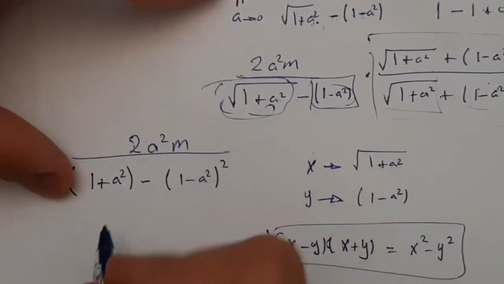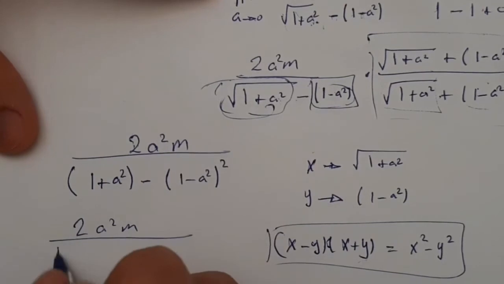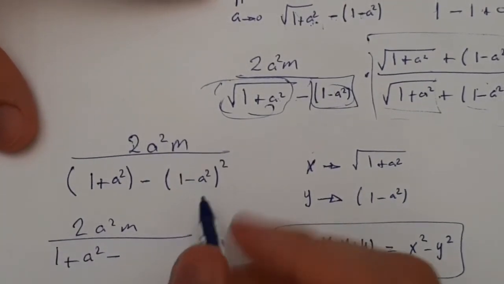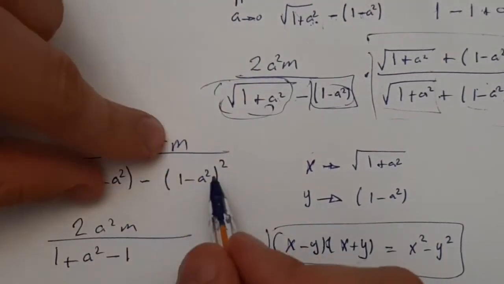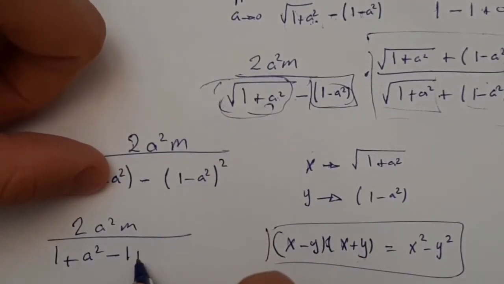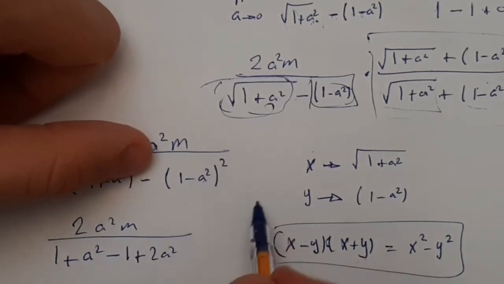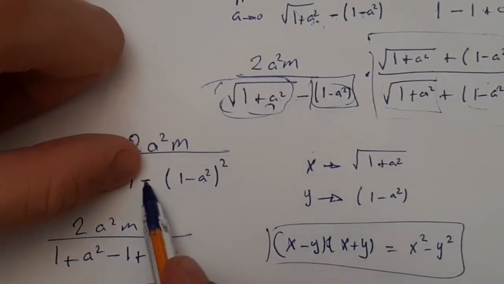So how do you solve this? Well, 2a squared m divided by 1 plus a squared minus, well, this square will be the double of the first, minus multiplied by minus, plus 2a squared, plus the square of this, the double of the second multiplied by this.